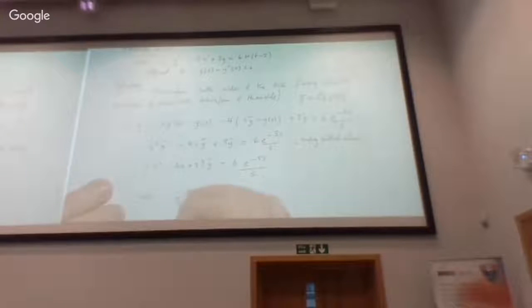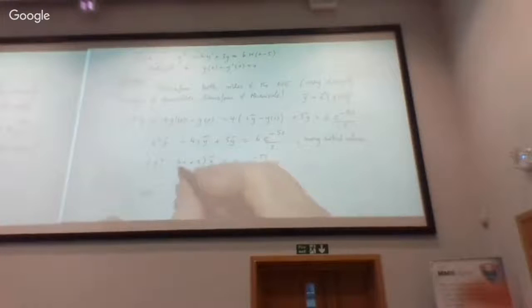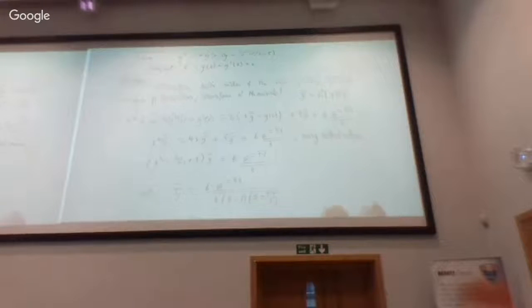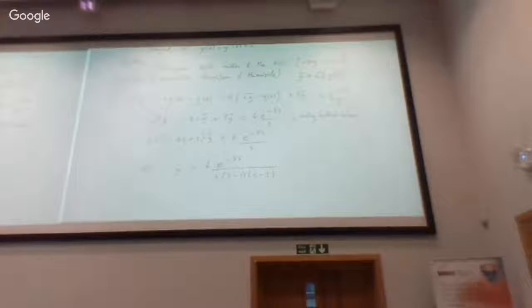And that implies that y bar is 6 times e to the minus 5s over s, divided by this polynomial, and we may as well factorize it as we go. This is s minus 1 by s minus 3, isn't it? s squared minus 4s plus 3. So this is our solution to the transform problem.